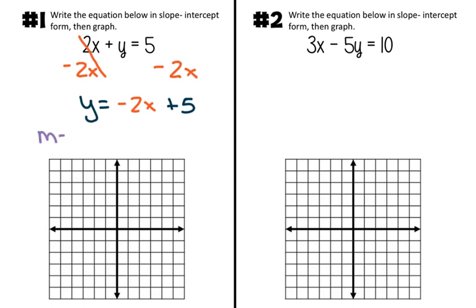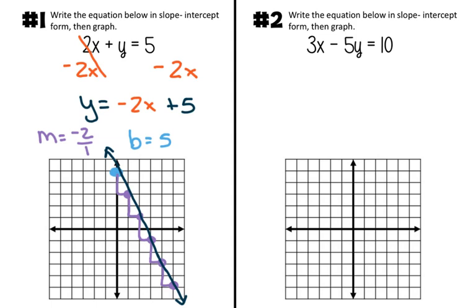My slope is negative 2. Turn that into a fraction over 1. My y-intercept is 5. So I'm going to start by graphing 5. 1, 2, 3, 4, 5. And then I'm going to be going down 2 over 1. Okay, and then use my ruler to draw a line and add my arrows.